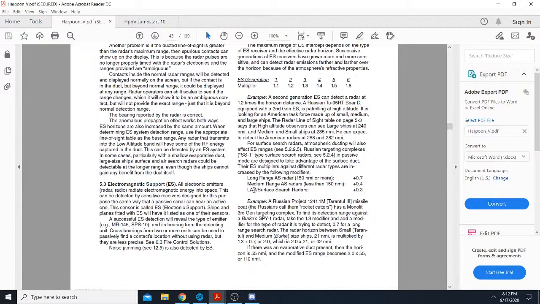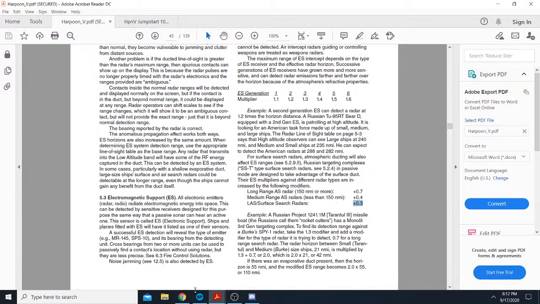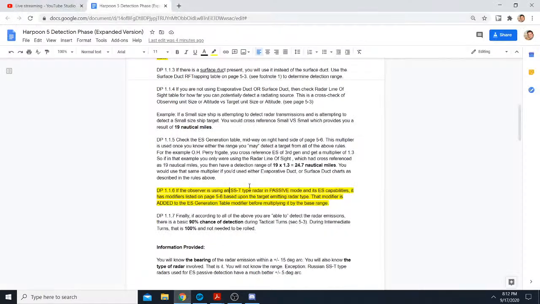So in most cases, we're probably looking at a surface search radar emitter, so you get a +3. So if for any odd reason somebody installed an SST on an O.H. Perry, they would get that additional bump, which would bump this modifier, in which case it would have been 19 times 1.6 for your resolution.